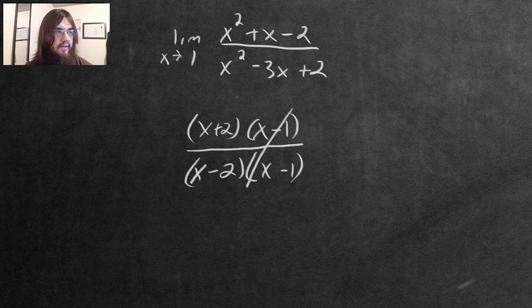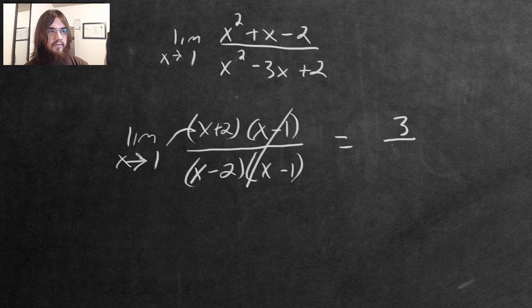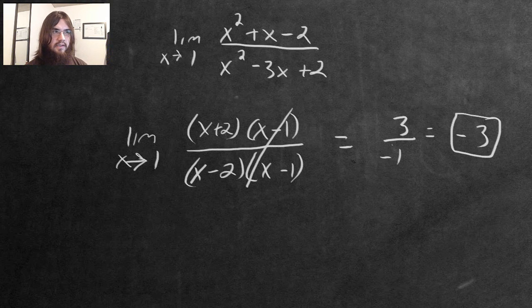And now, if we take the limit as x approaches 1, we would get a 3 on top if you plug the 1 inside for all of the x values, and you would have a negative 1 at the bottom, which is also just negative 3. So that's the final answer for this question.